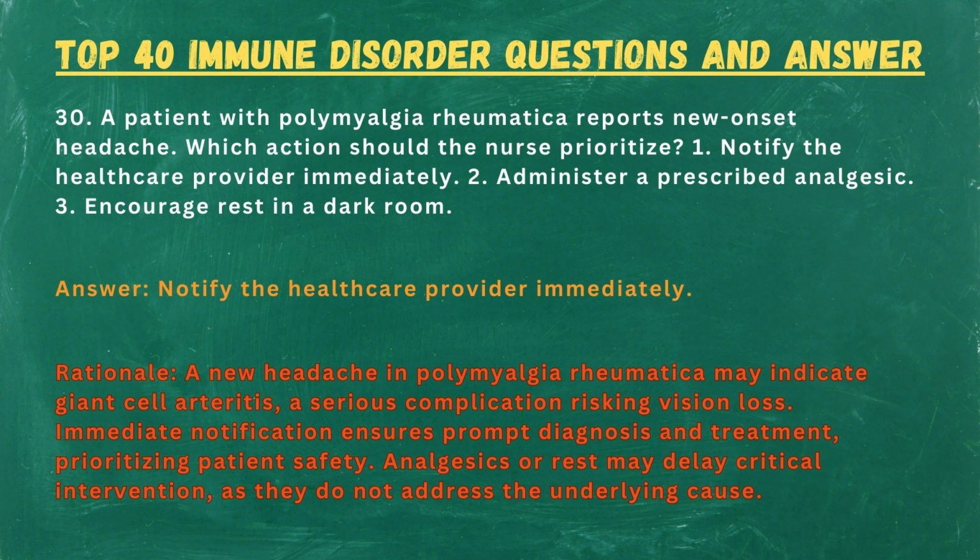Rationale: a new headache in polymyalgia rheumatica may indicate giant cell arteritis, a serious complication risking vision loss. Immediate notification ensures prompt diagnosis and treatment, prioritizing patient safety. Analgesics or rest may delay critical intervention, as they do not address the underlying cause.